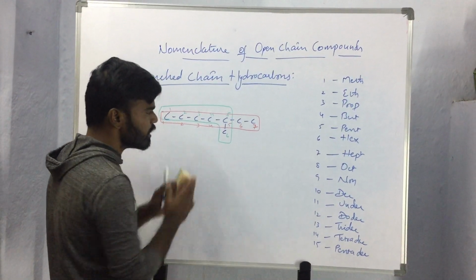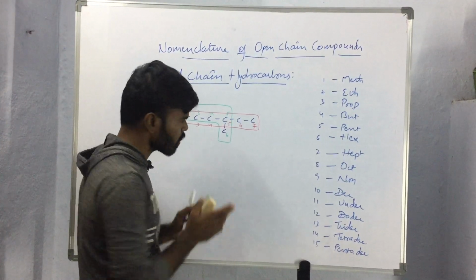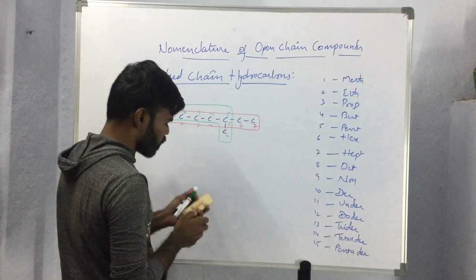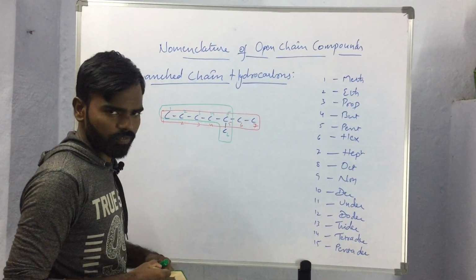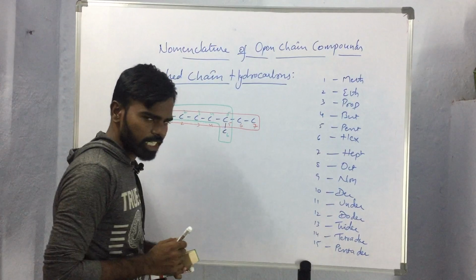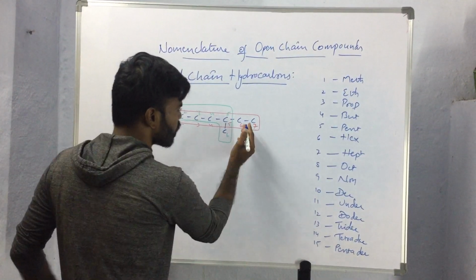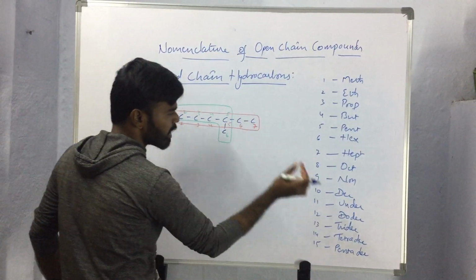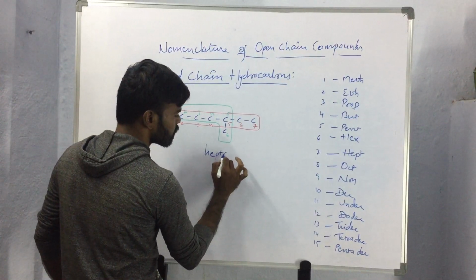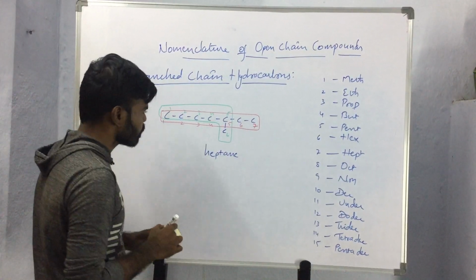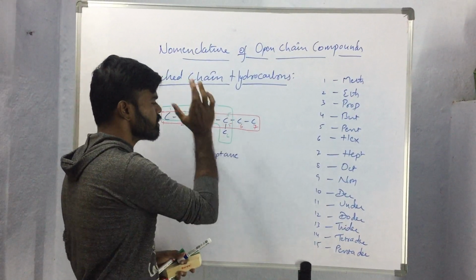The rule is to select the longest possible continuous chain. So in this compound, the chain containing 7 carbon atoms is the longest possible continuous chain, and it becomes the parent chain. As it contains 7 carbon atoms, the name will be heptane, and we have to identify the substituent present on this parent chain.